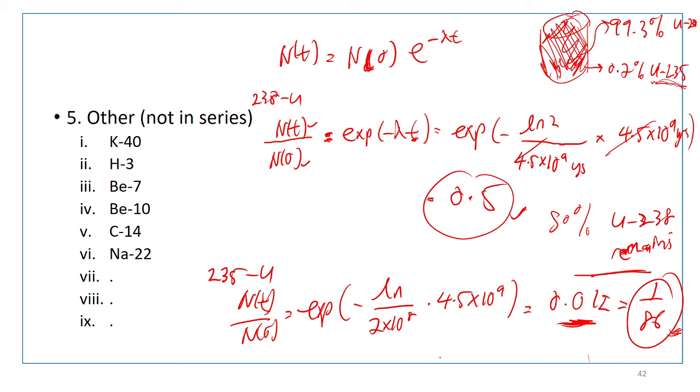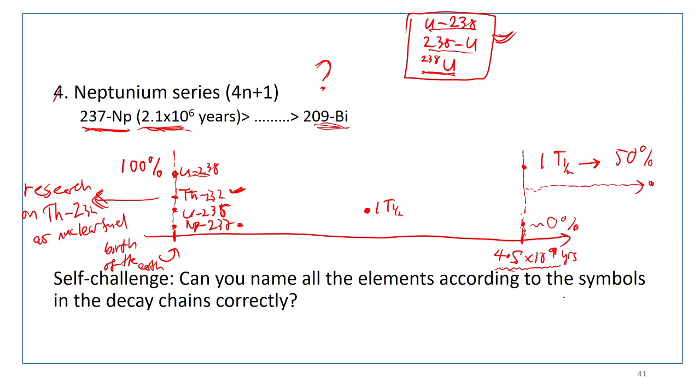So we should expect this ratio to be far smaller than for uranium 235, which is why at the present time you cannot find neptunium 237, but artificially it is produced in nuclear reactors. That's a different story.